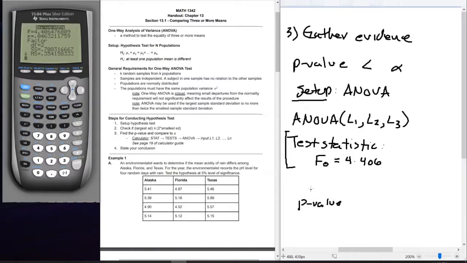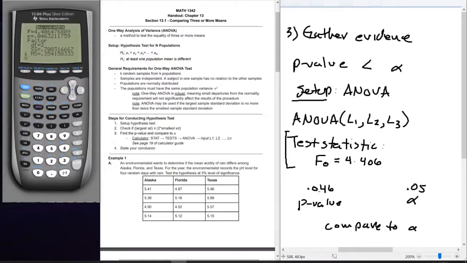we have as 0.046. What we need to do is compare it to alpha, where the alpha level is given as a 5% level of significance. Once again, we're given 5% room to make a mistake in our conclusion.